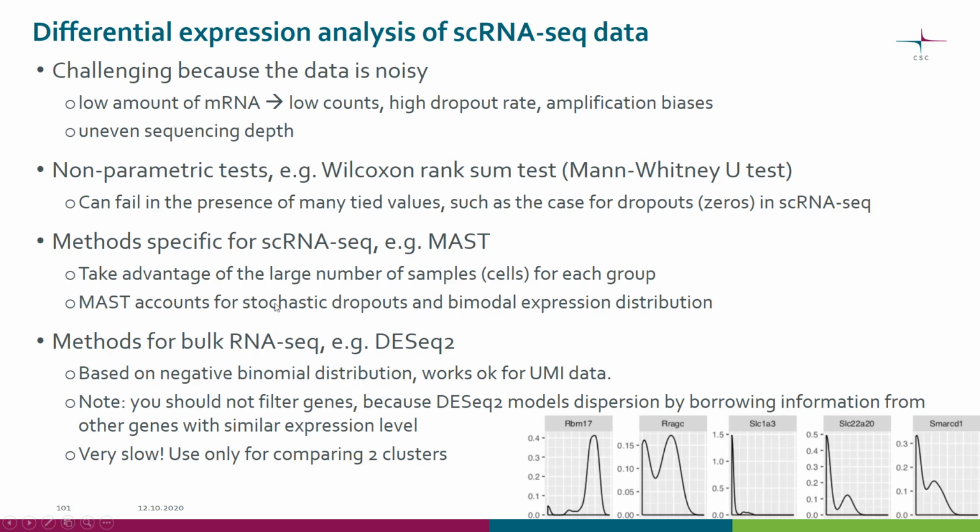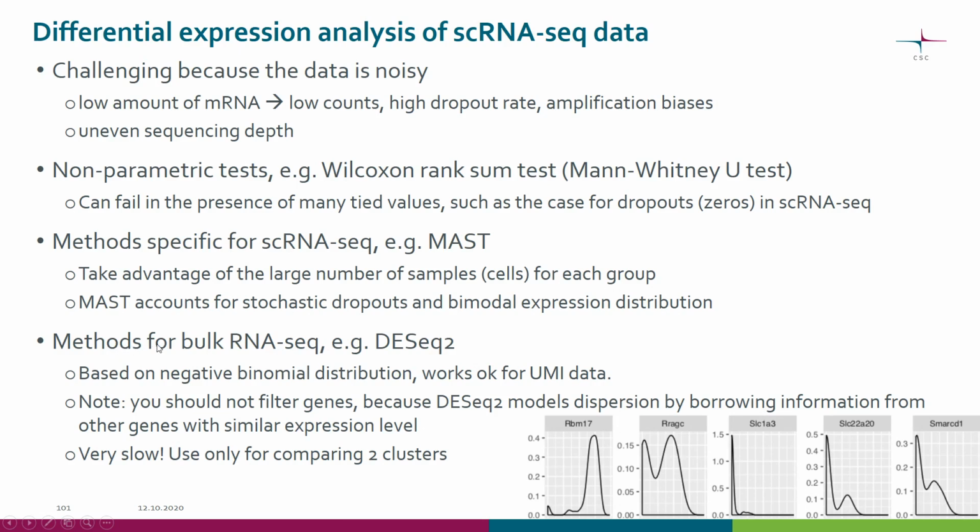MAST can account for the stochastic dropouts and also bimodal expression distribution. Here you can see examples of distributions of the expression values, and as you can see, they are not nicely normal. You have all sorts of shapes, including this bimodal shape.